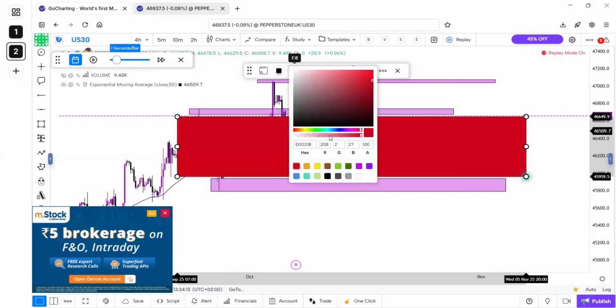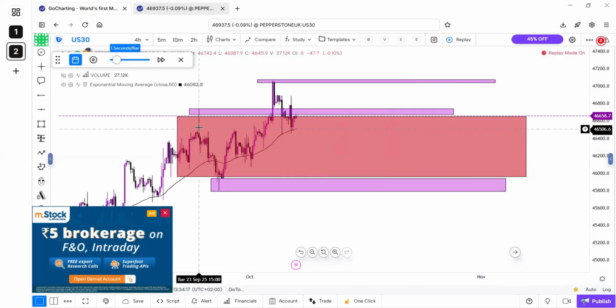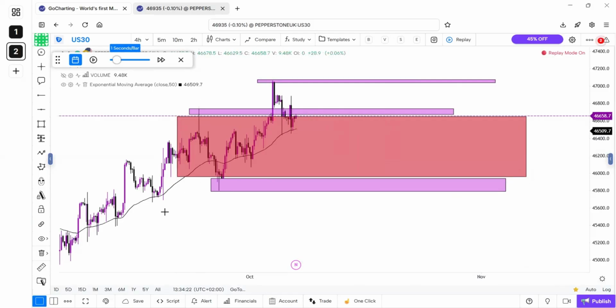Okay, so this red block I have marked for you guys, we do not want to be involved in the markets because this is a higher low and this is a higher high, right? And this was a previous higher high. So we do not have to enter anywhere here. So once the market is between this previous higher high and this higher low, we do not want to be involved in the markets. We wait, all right?